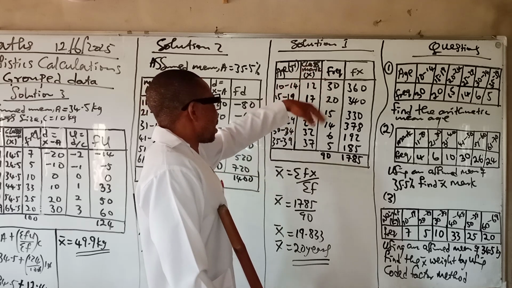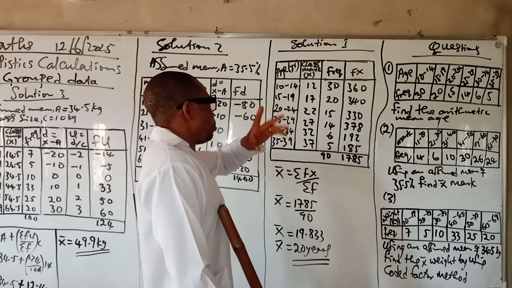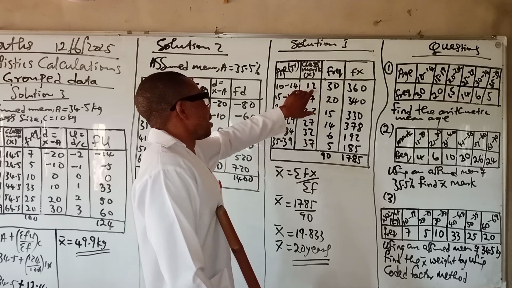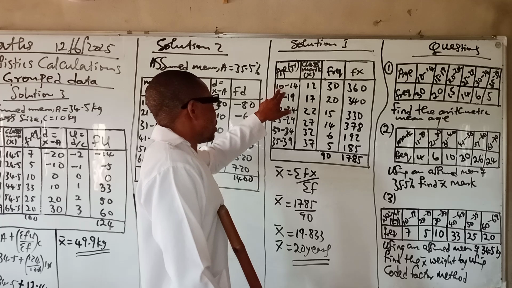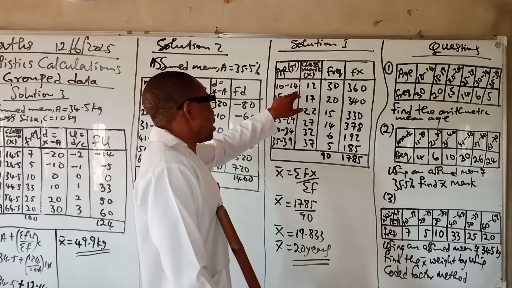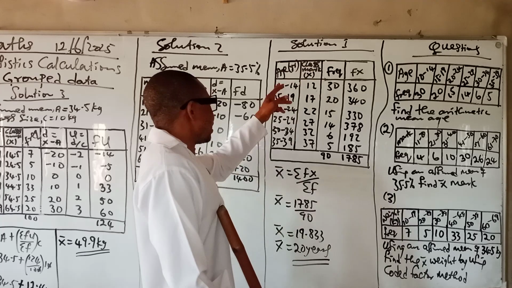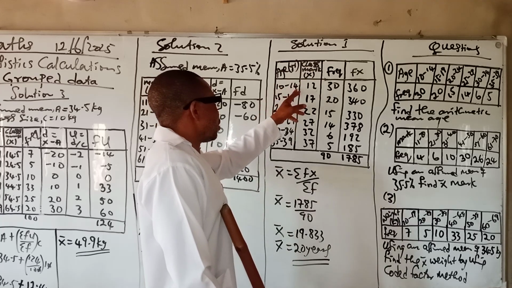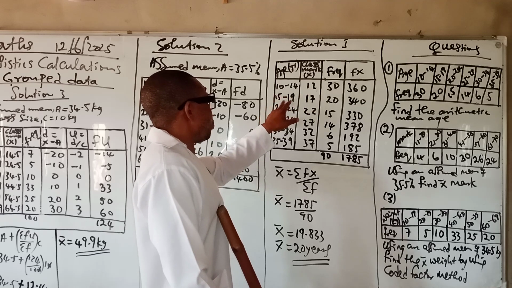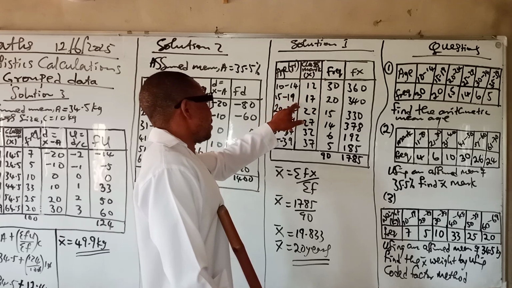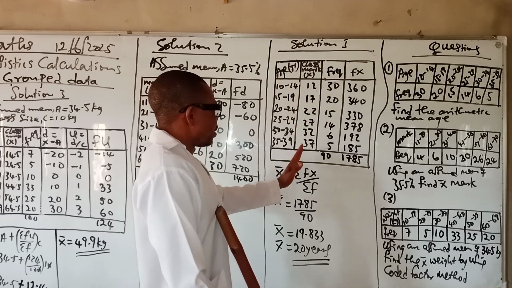Now, the class mark, as I said in our previous class yesterday, is got by adding the lower class limit plus the upper class limit, divided by 2. That is 10 plus 14, which is 24, divided by 2 gives us 12. 15 plus 19 gives us 34, divided by 2 gives us 17. That is how we got the others here.